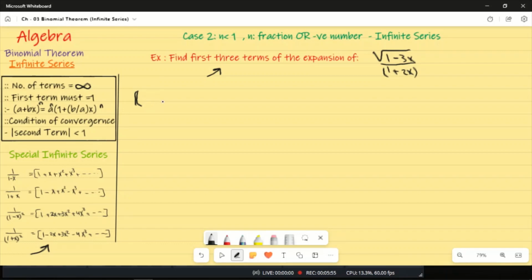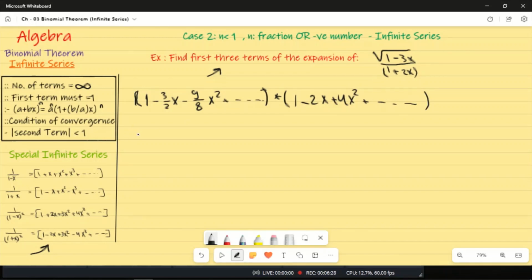Okay, so the first expansion equal to 1 minus 3 by 2x minus 9 by 8 x squared plus completion into here we have 1 minus 2x plus 4x squared plus completion.